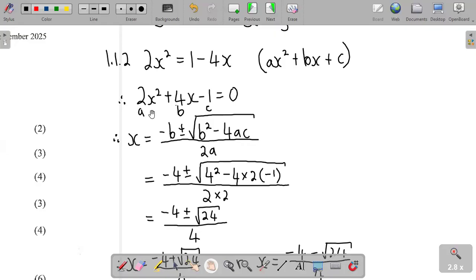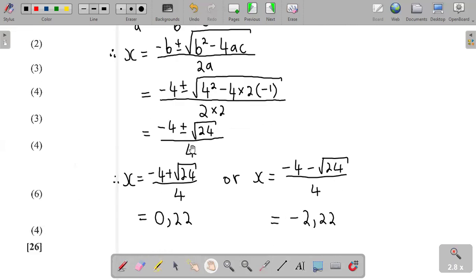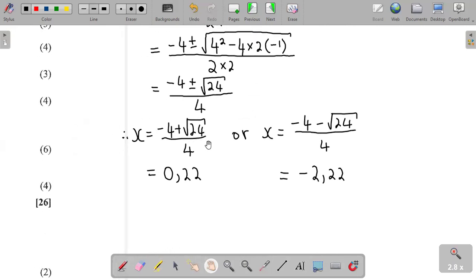So that's why we had to use the quadratic formula, because there are no factors. The expression on the left-hand side cannot be factorized. So we resort to the quadratic formula where we just use substitution of the values. So let's go to 1.1.3.